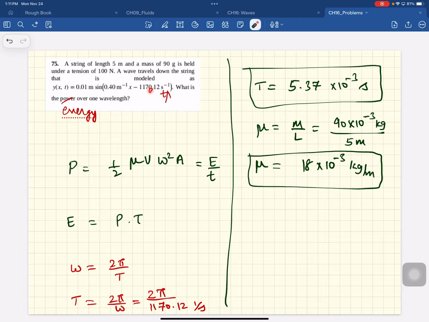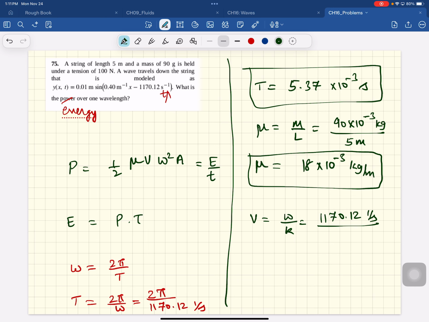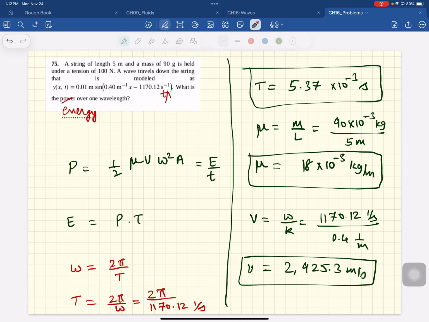The wave velocity is omega by k. So there's the wave velocity.